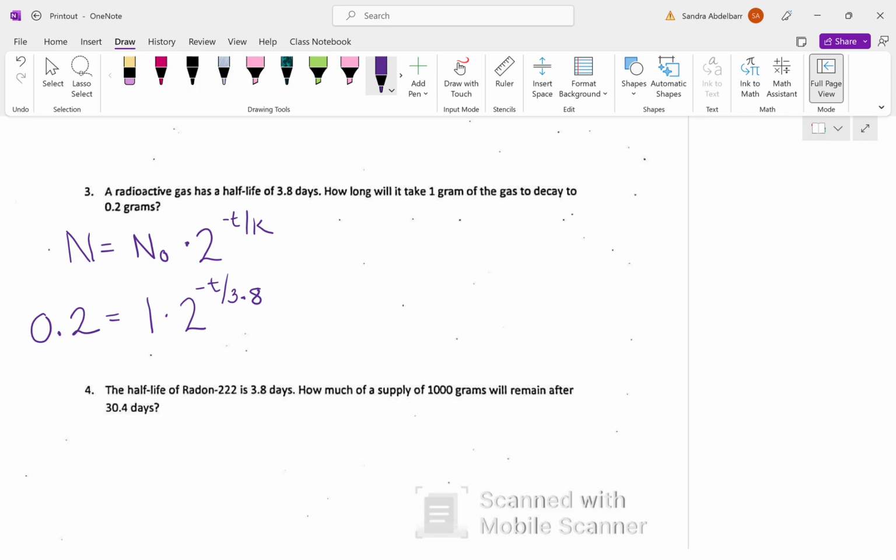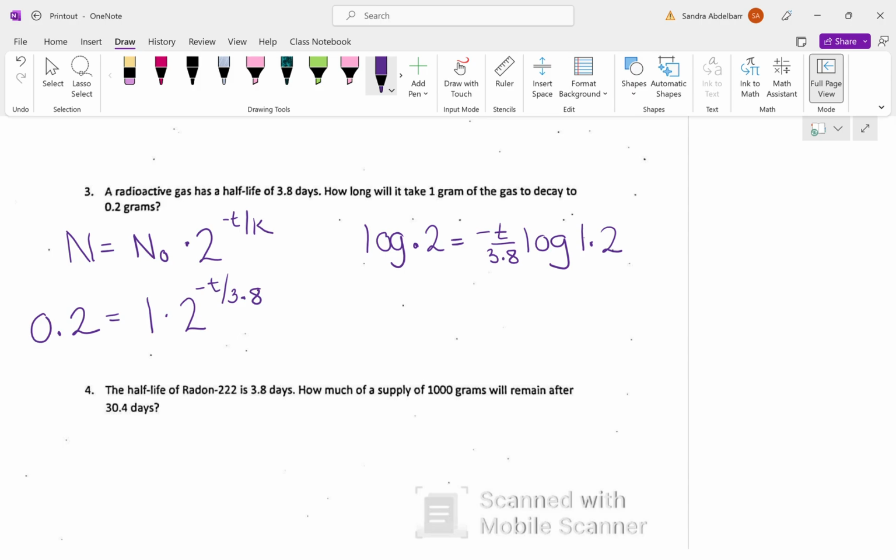Once again, I need to solve for something that's in an exponent. So what do I have to do? Log of both sides. So we're going to have log of 0.2 equals negative t over 3.8 log 2.